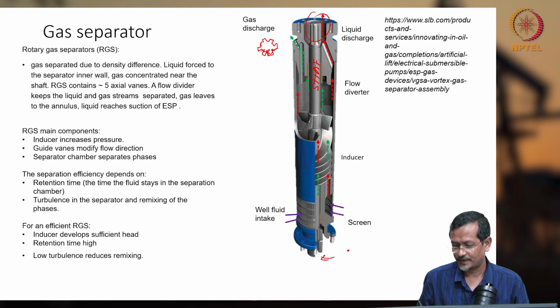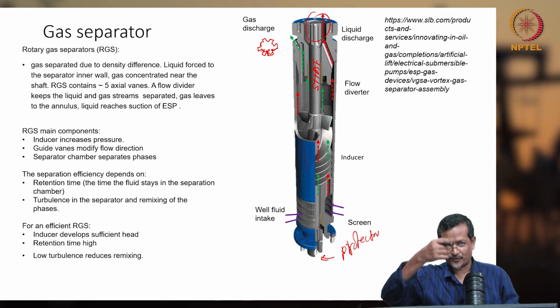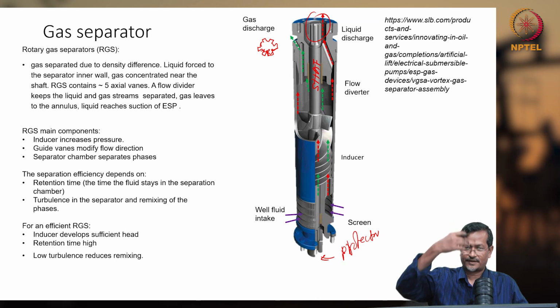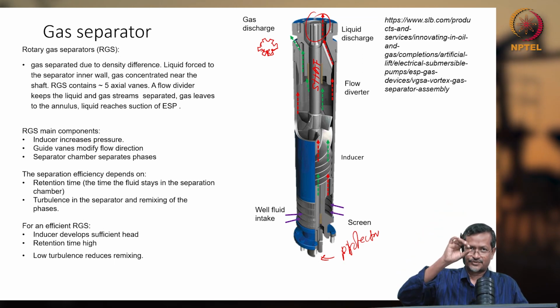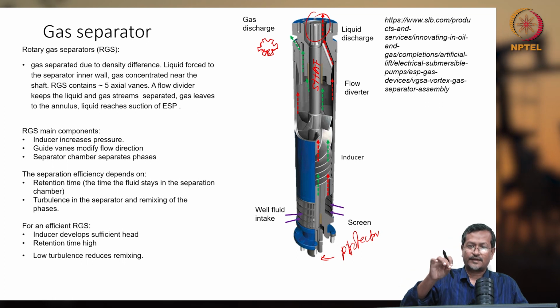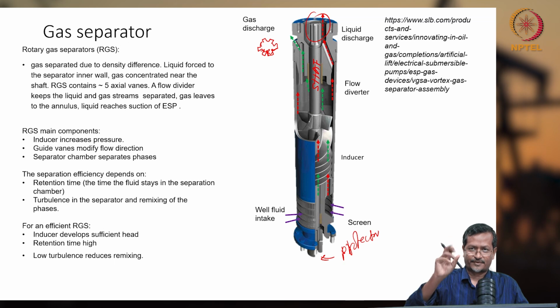It is connected to your protector, because through the protector a shaft is also coming, right? Motor, protector, then gas separator. So through the protector the shaft is coming and it is connected to your gas separator or intake section shaft.